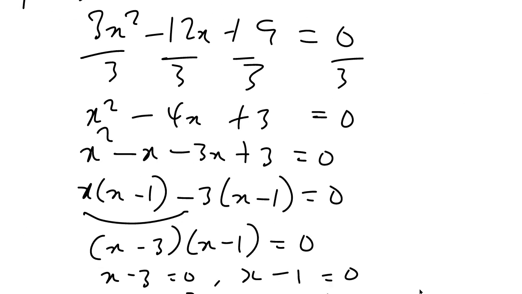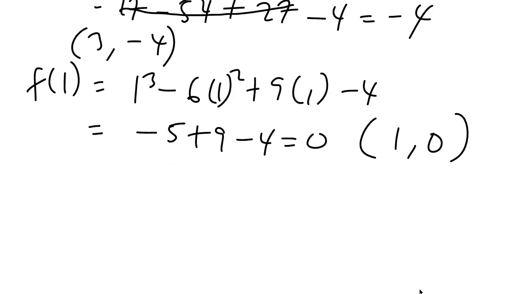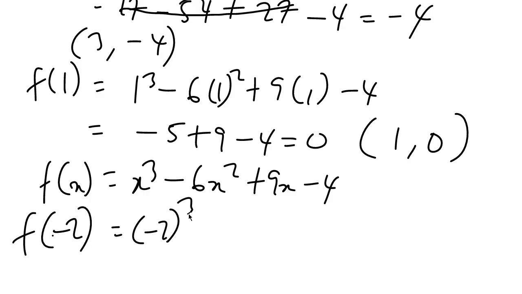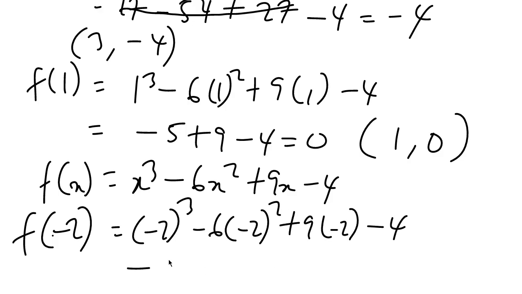So then these are the two critical points, and then we now test at the end intervals, minus 2 and 5. Right. So remember that the original function is what? x cubed minus 6x squared plus 9x minus 4. So at minus 2, you have minus 2 to the power 3 minus 6 into minus 2 squared plus 9 into minus 2 minus 4, which is minus 8, right?